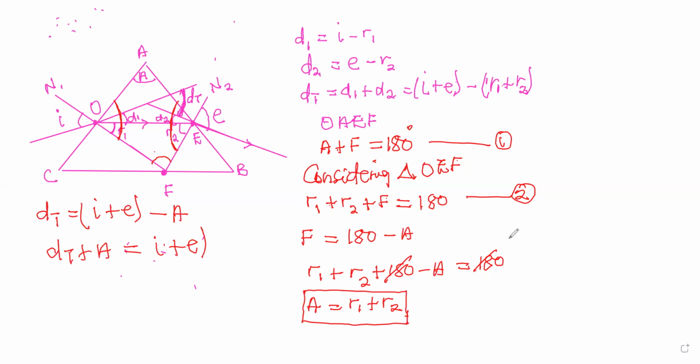Okay. Then we looked at minimum deviation. And the minimum deviation thing, we saw that as the angle of incidence increases, as I increases, the deviation, which is the total deviation within the prism, would also decrease.